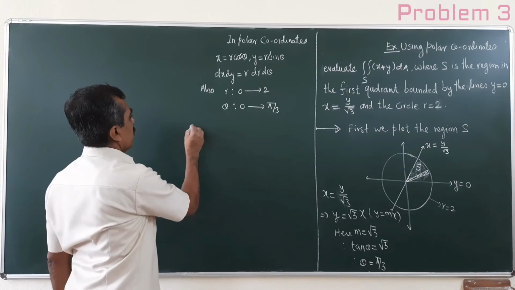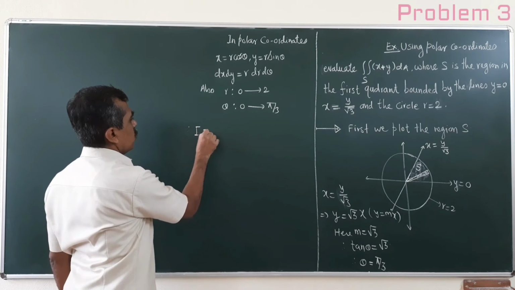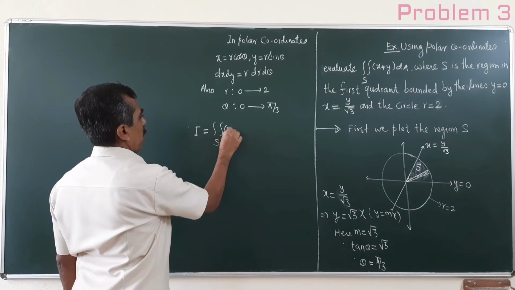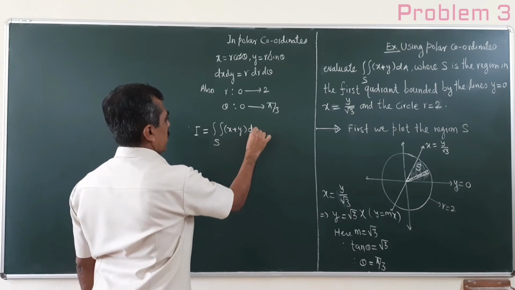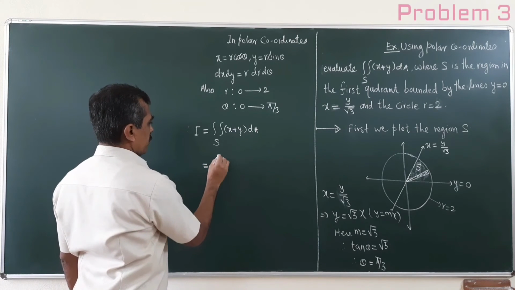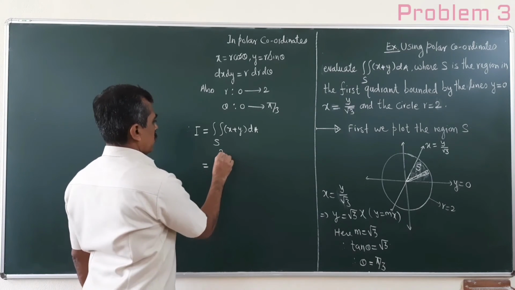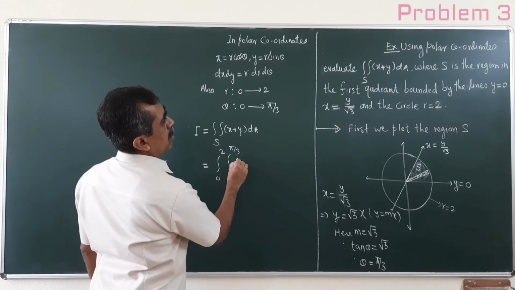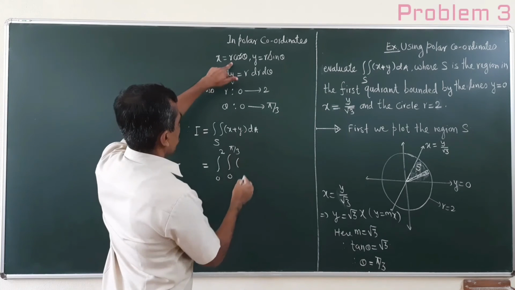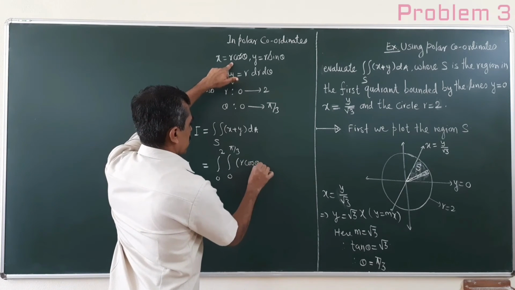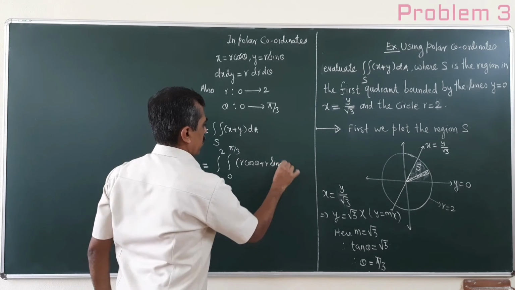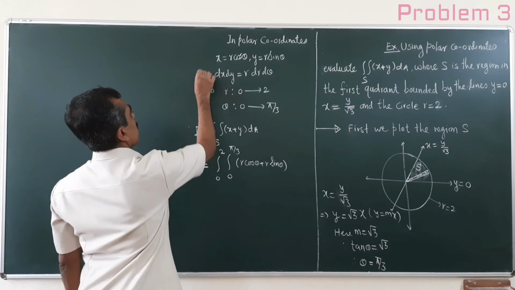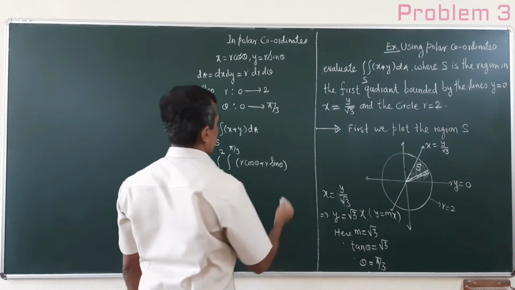Now to evaluate the integral, I is equal to the integral over S of x plus y dA. This is equal to the integral 0 to 2, integral 0 to pi by 3 of the integrand x plus y, that is r cos theta plus r sin theta, and dA. dA is nothing but dx dy, that is r dr d theta.